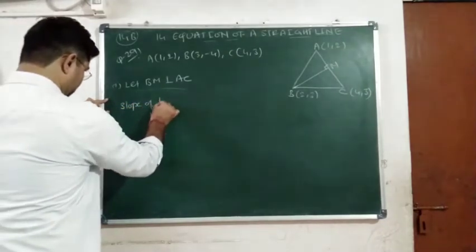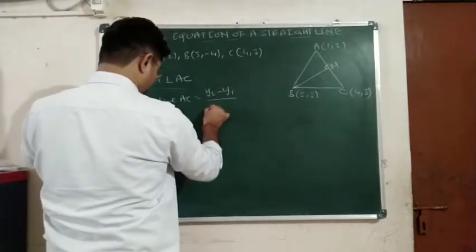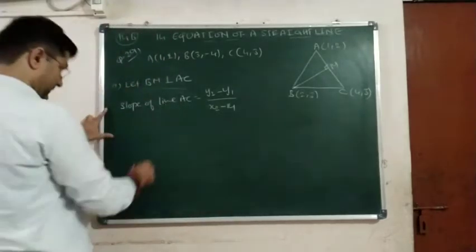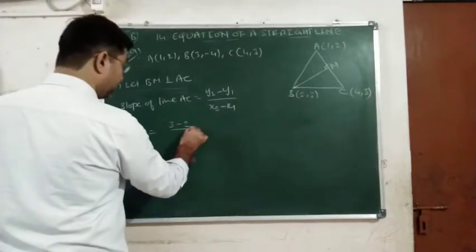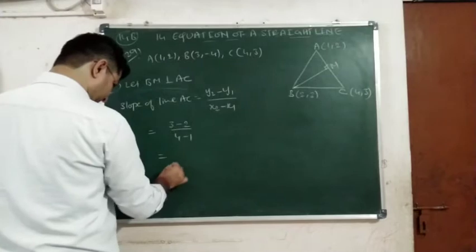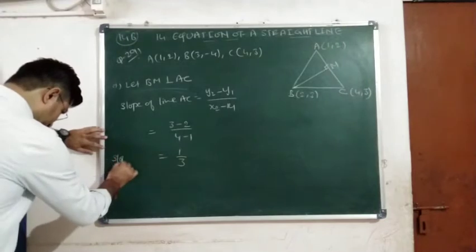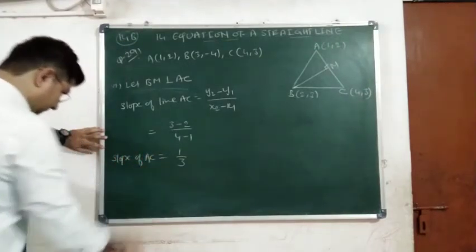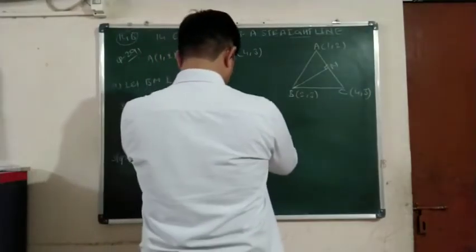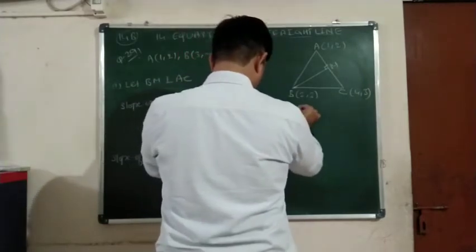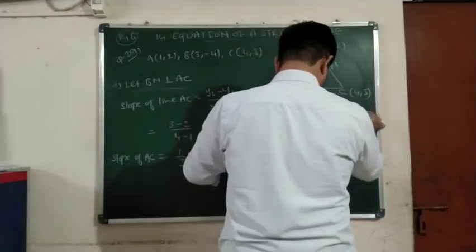Slope of line AC will be y2 minus y1 upon x2 minus x1, for A and C. So 3 minus 2 upon 4 minus 1 is equal to 1 upon 3. This is the slope of AC we got. Now slope of BM will be minus 1 upon slope of AC.